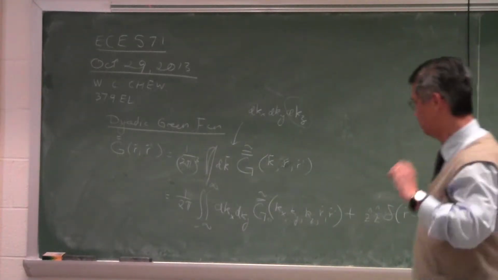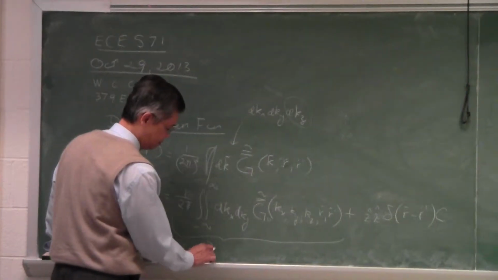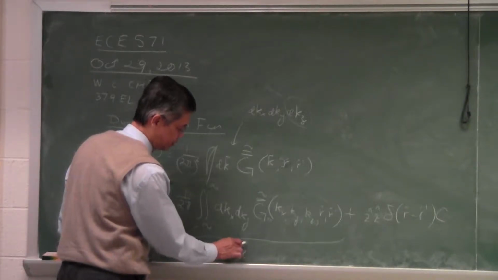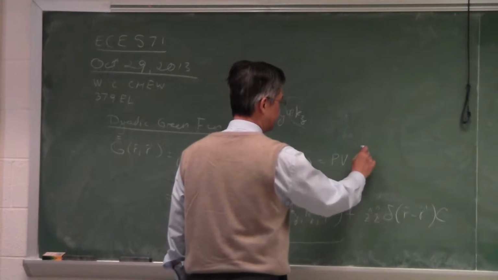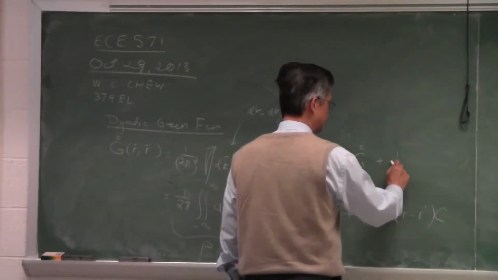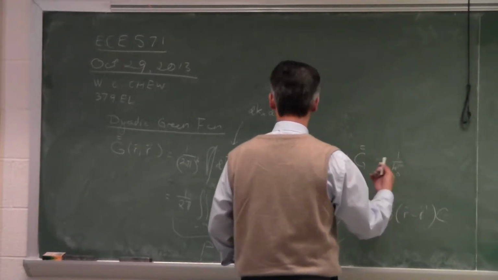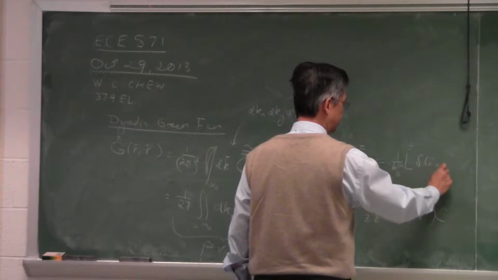What I want you to notice is that this is the PV part. This is the PV part. Because we say that the dyadic Green's function is always written in terms of a PV G plus something like 1 over k_0 squared, L times delta(R minus R').